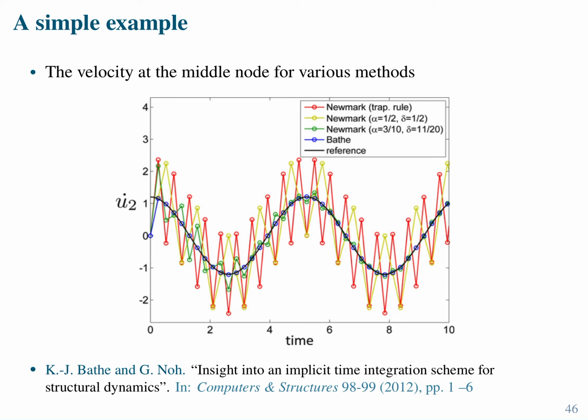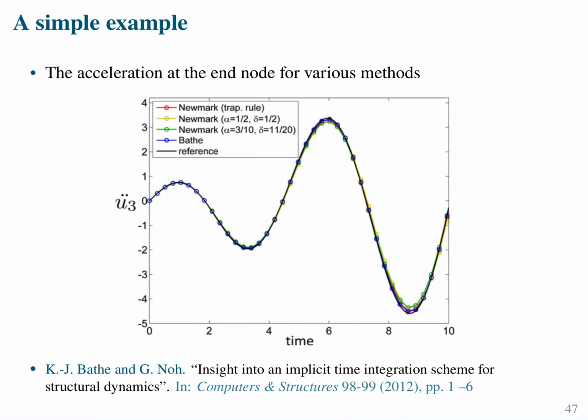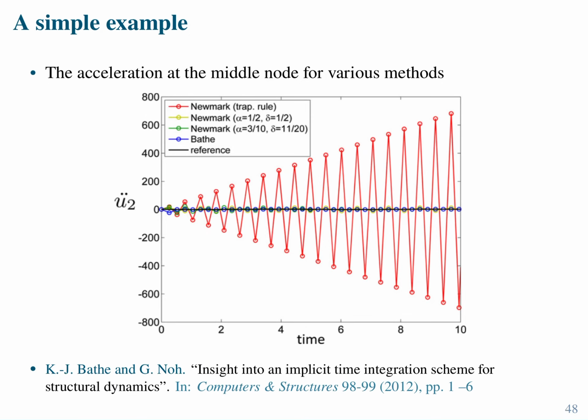In other words, if you have high frequency content, maybe the trapezoidal rule is not the right thing to choose. Going back to the question of the gentleman here, what method do you choose? Well, you choose something that works, and then if you see something like this, you should say, well, something is really, really going wrong here. But Bate's method is spot on, right? And if you look at the acceleration, it's even worse.